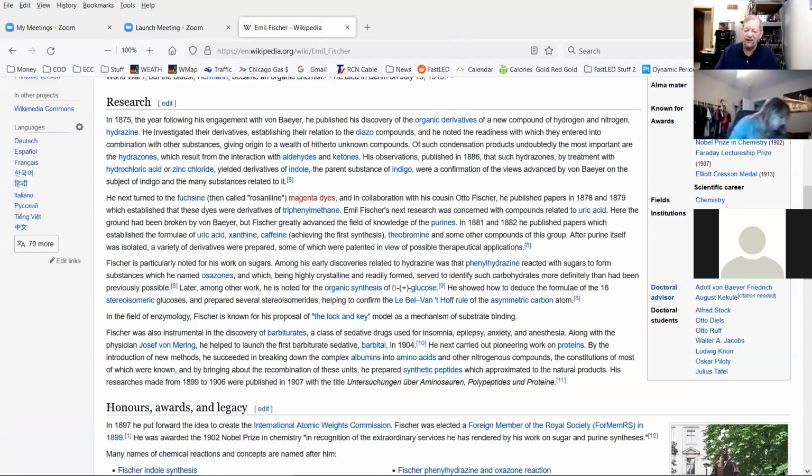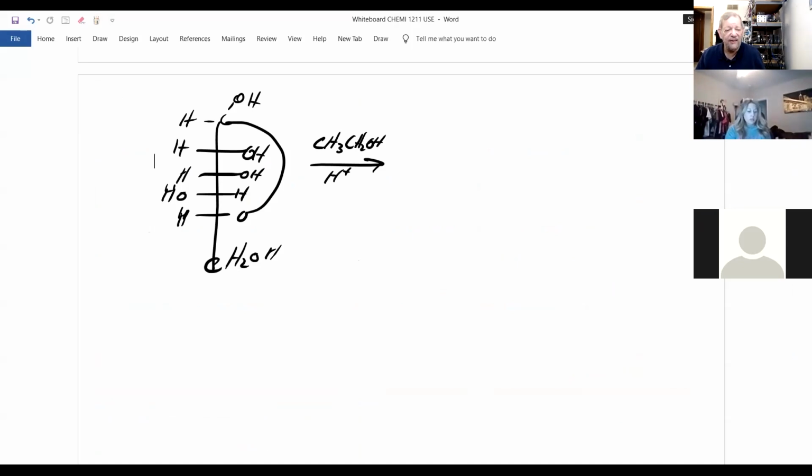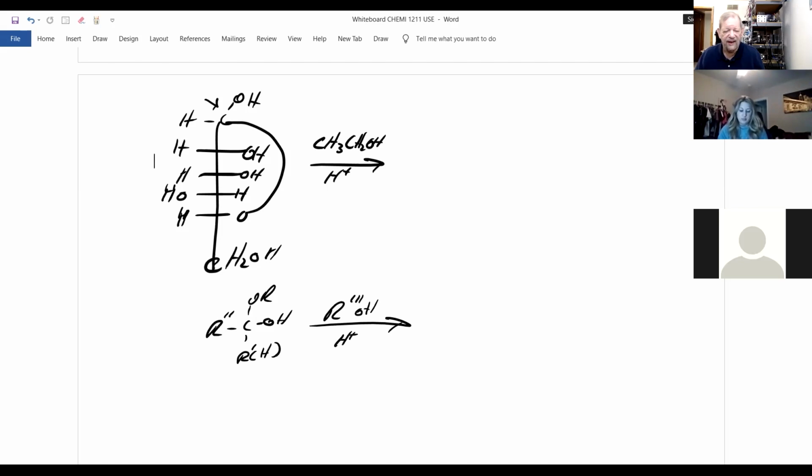All right, let's take a look at this. What do we have here? Well, a lot of alcohols, but we have a hemiacetal. And we're reacting this with an alcohol, an acid catalyst. And you replace this hydroxyl group. Everything else stays the same with this. Well, what's our R triple prime? Ethyl.